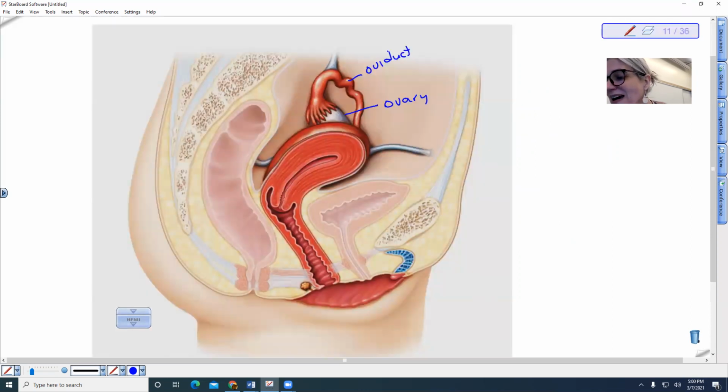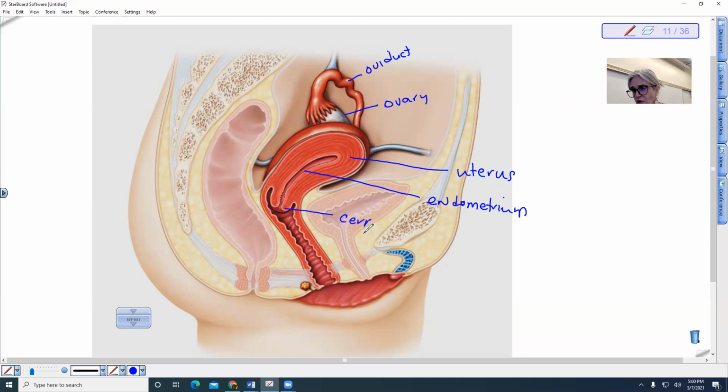So if we looked at the rest of it, I'm just going to stay on this. So this is my uterus, smooth muscle. There's also connective tissue, but this is the endometrium. Now there is a little structure here which blocks the uterus from the vagina, and this structure right here is called the cervix.